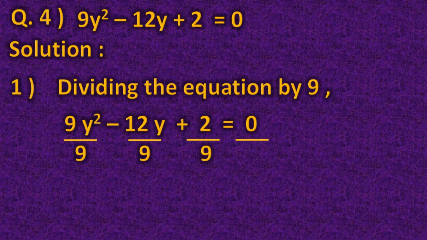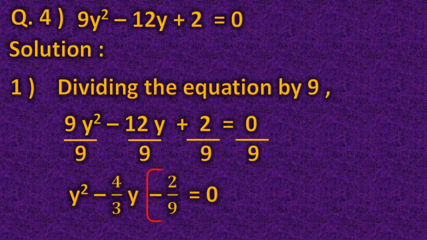After dividing, 9 cancels, and the second term cancels by 3, giving 4 upon 3, and the last term 0 upon 9 is 0. So y square minus 4 upon 3y minus 2 upon 9 is equal to 0.